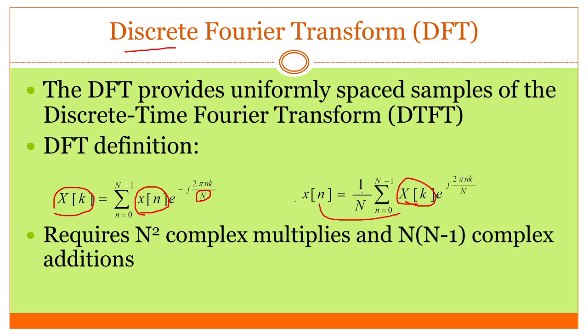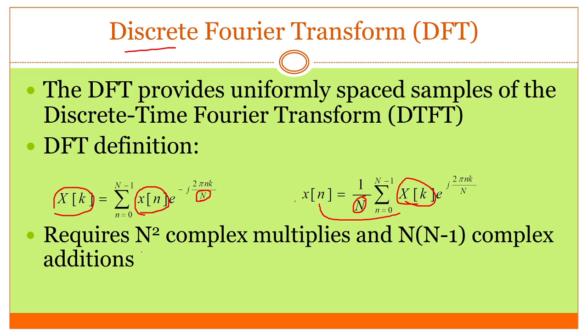That is 1 by N, where N is the length of the IDFT, that is 4, 8, 16 point, like this, 2 raised to 0, 2 raised to 1, 2 raised to 2, 2 raised to 3, like this we have to write down. So X of k e raised to, here it is not j, minus j only, 2 pi n k divided by capital N.